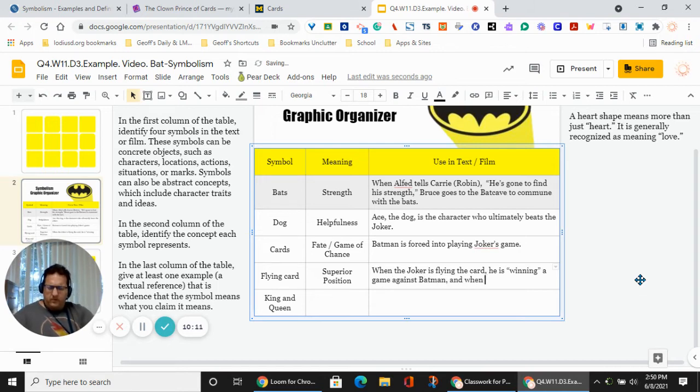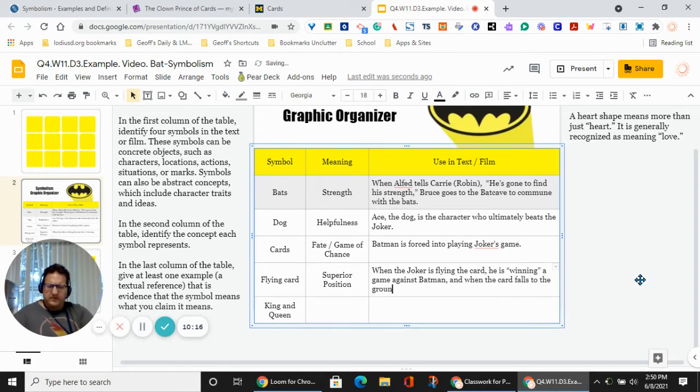And when the card falls to the ground, Joker has lost. I should put that in quotation marks. Has lost game to Batman. All right, so we have.